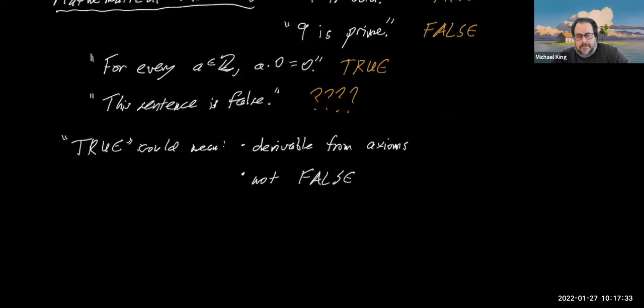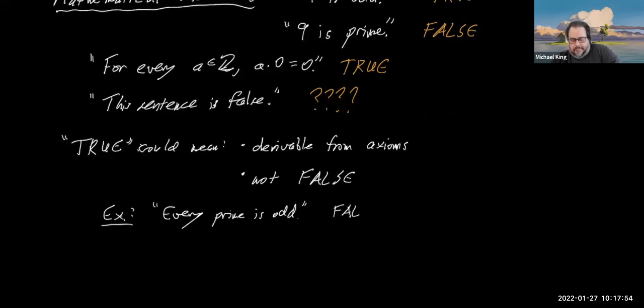For example, every prime is odd. Every prime number is odd. This is false because you can provide a counterexample, right?